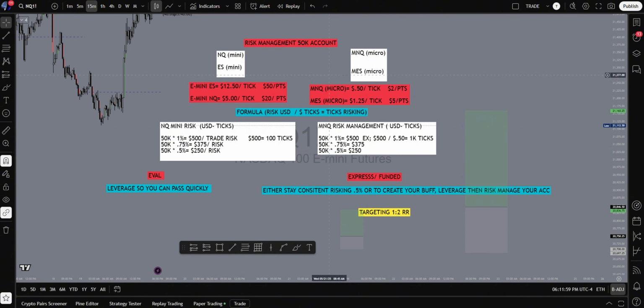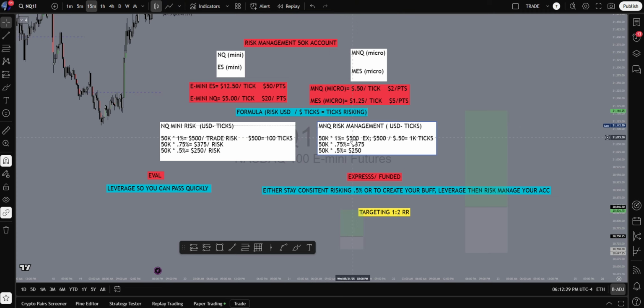If you have any curiosity, you guys can do the math for micros. So for ES micro, that's $1.25 per tick. What are you going to do? You're going to find your risk amount. And to find your risk amount, you decide what percentage you're risking on the account, okay? When you figure out what percent you're risking on the account, you do your little math, and it's just multiplying it from the account that you have.